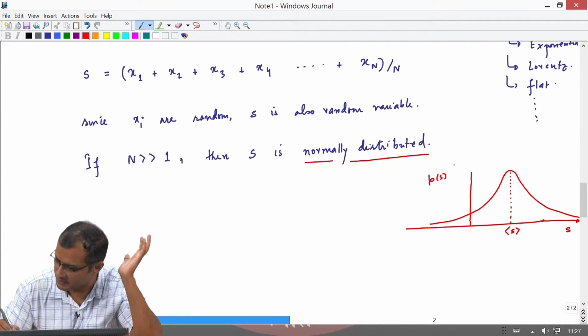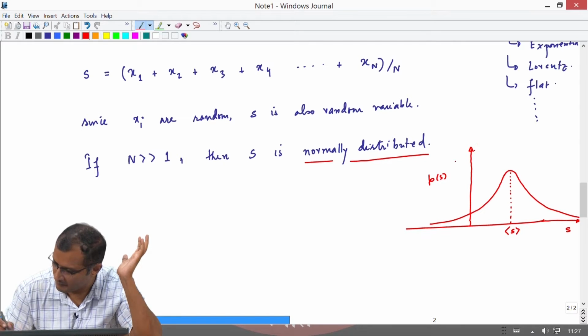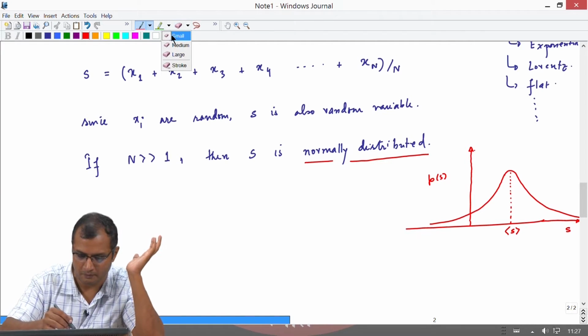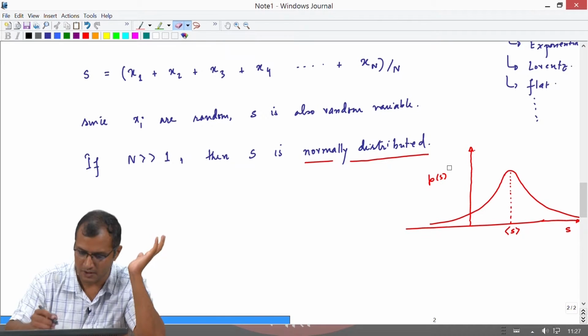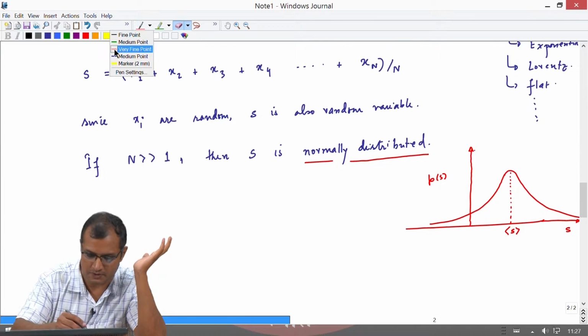So, this PDF would be, okay. So, I am going to write down the Gaussian distribution explicitly.